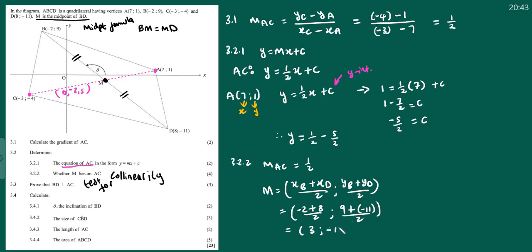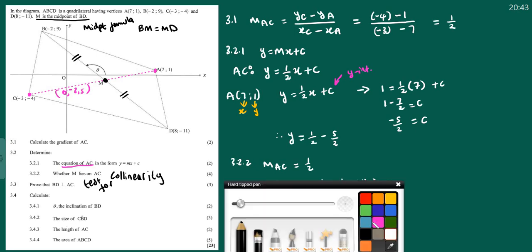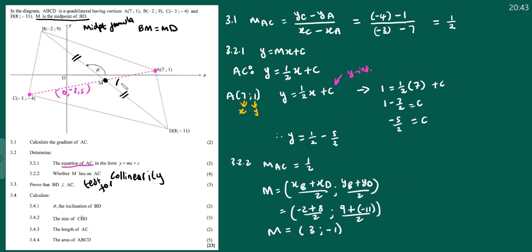Sorry, yeah, 9 minus 11 should be negative 2. So M is equal to 3, negative 1.